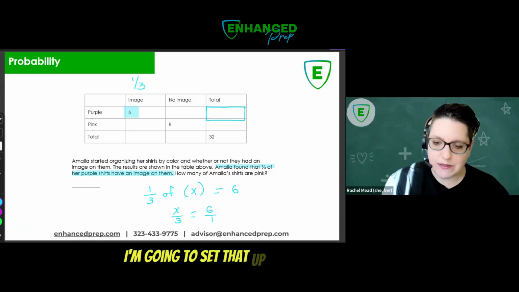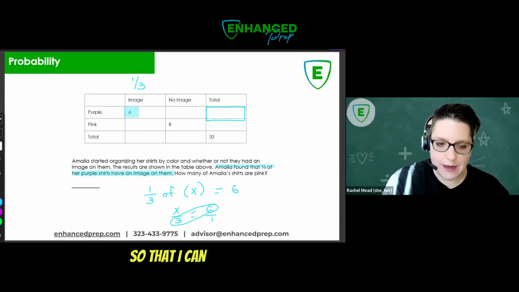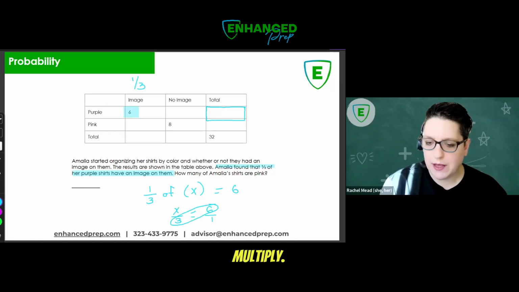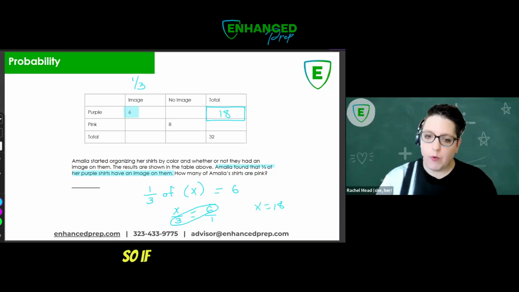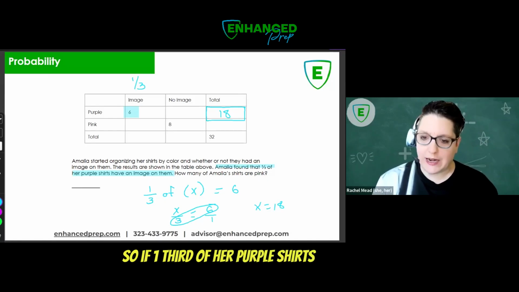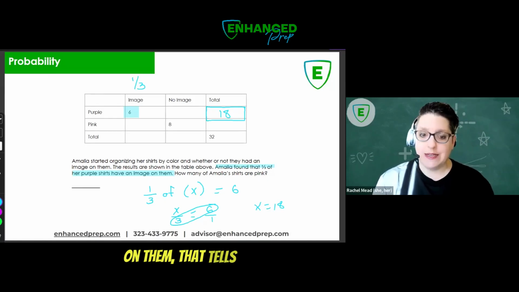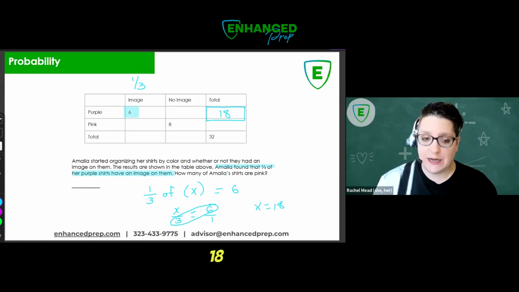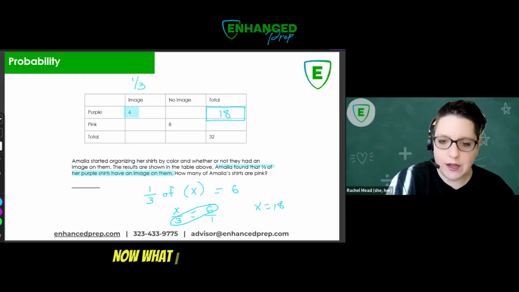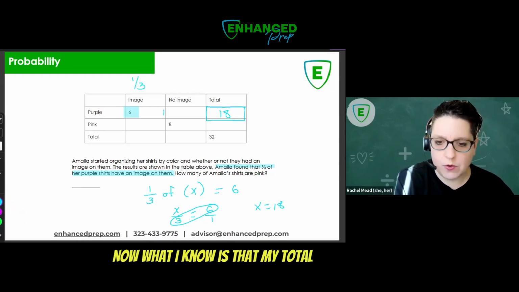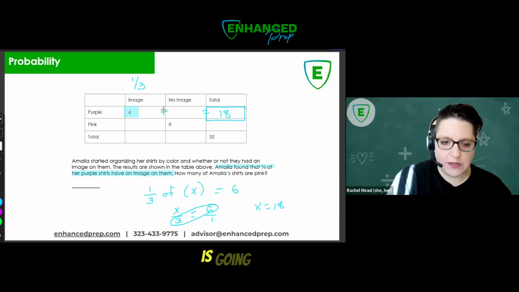I'm going to set that up as a fraction as well so that I can cross multiply. So I'm going to see that x is equal to 18. So if 1/3 of her purple shirts had an image on them, that tells us that we have a total of 18 purple shirts.